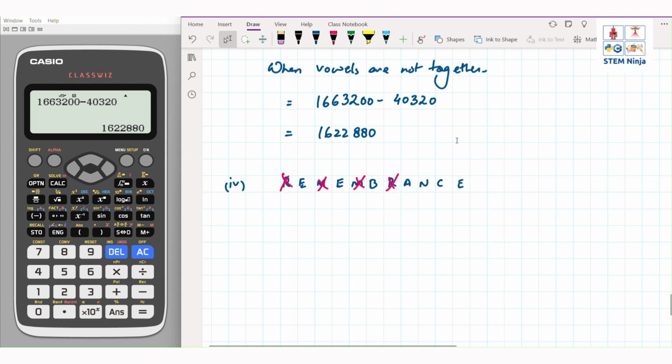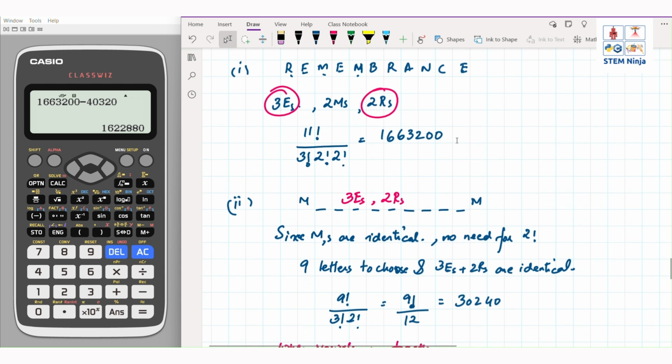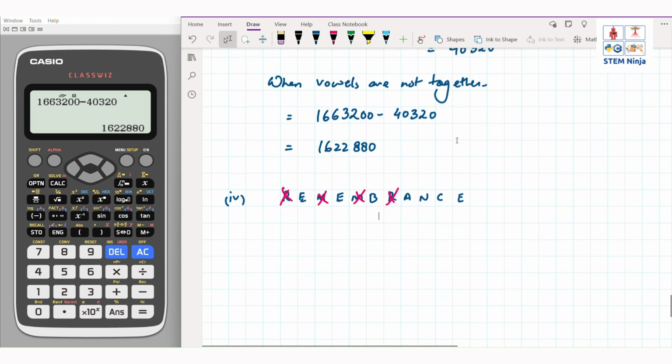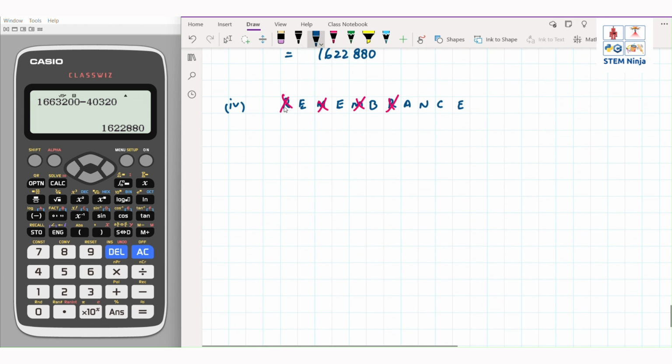So we need at least 2 E's. We need 4 different letters. Okay. So how many letters do we have? 1, 2, 3, 4. 4 consonants and 3 E's in total. From this we will have to choose.